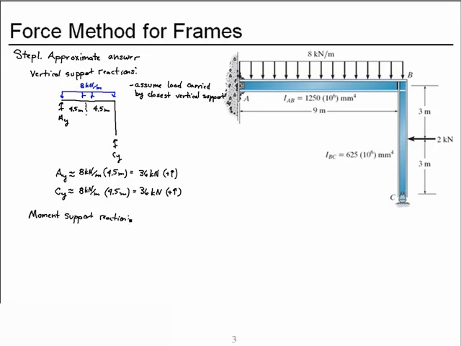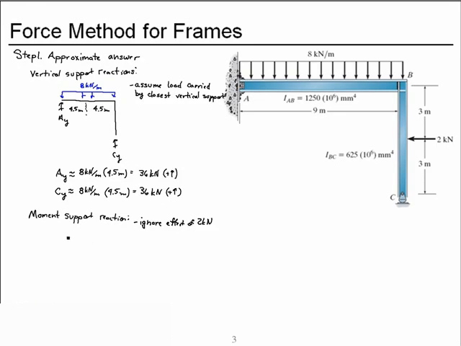That we have at A. For this, let's ignore the effect of the 2 kilonewton concentrated force. It's a pretty small magnitude force compared to the total downward force of 36 times 2, 72 kilonewtons applied vertically.